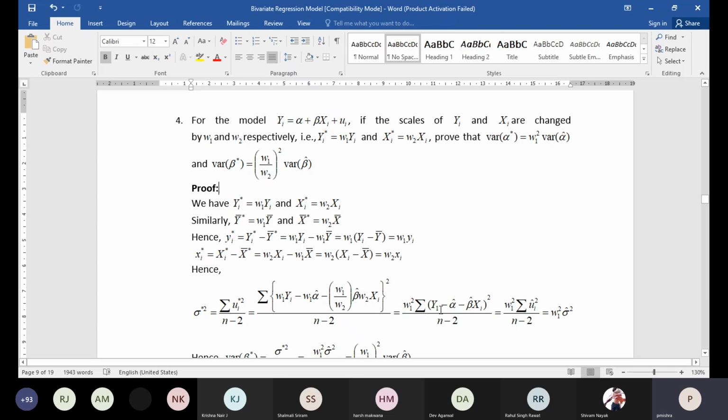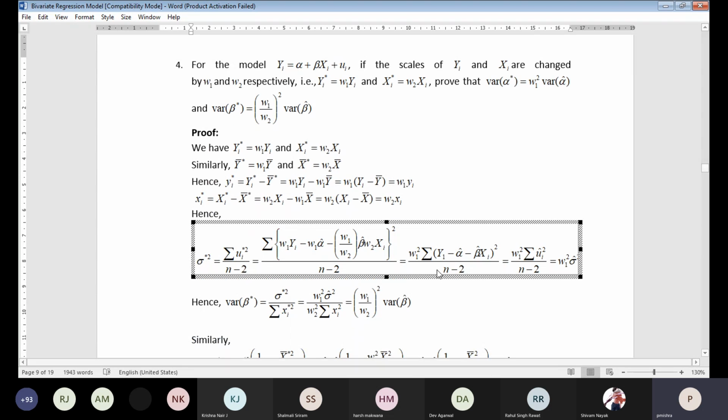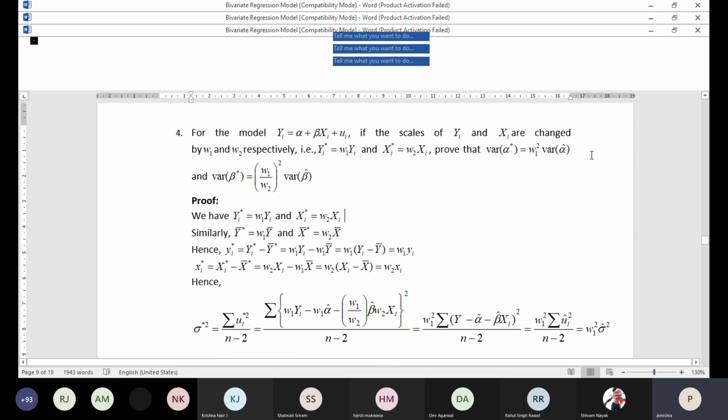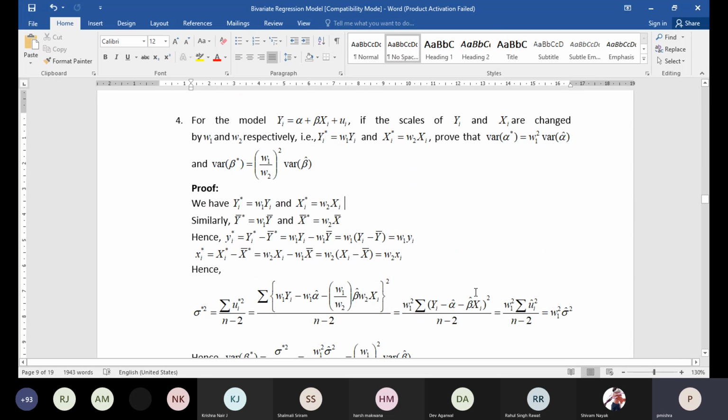So we are taking out W1 square. Then we have summation of yi. This is not y1, this should be yi. So we have yi minus alpha hat minus beta hat xi, and this is nothing but u hat i square.